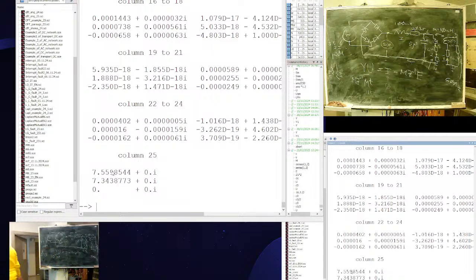7.55 calculated with the node 1, 7.3. It's a real node 1. Real node 1 is after the here. 7.25.